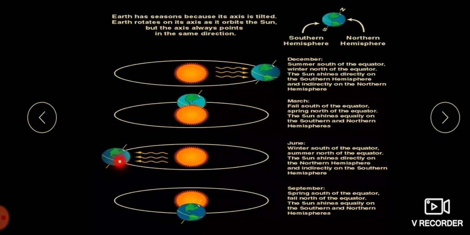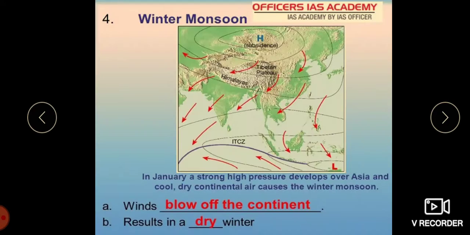The sun shines directly on the northern hemisphere and indirectly on the southern hemisphere. In September, it is spring south of the equator and fall north of the equator, and the sun shines equally on the southern and northern hemispheres.